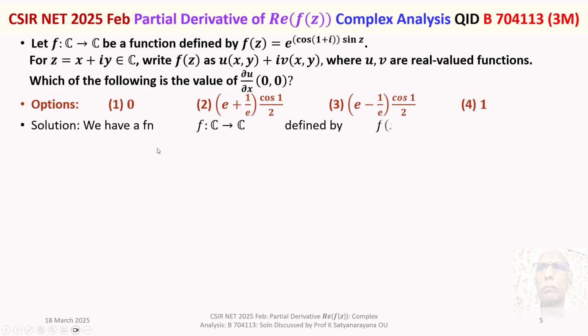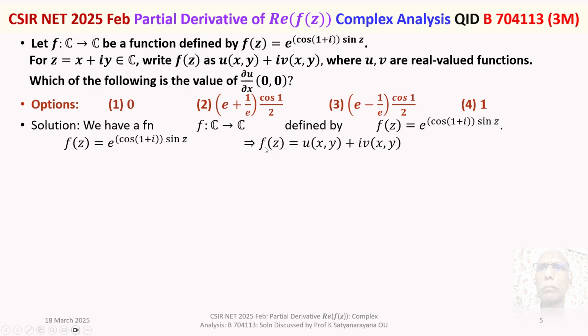We have a function f from the complex plane to itself defined by f of z is equal to e power cos of 1 plus i multiplied by sin z. f of z is written as the real part of f of z plus i times the imaginary part of f of z, that is u(x,y) plus i v(x,y).